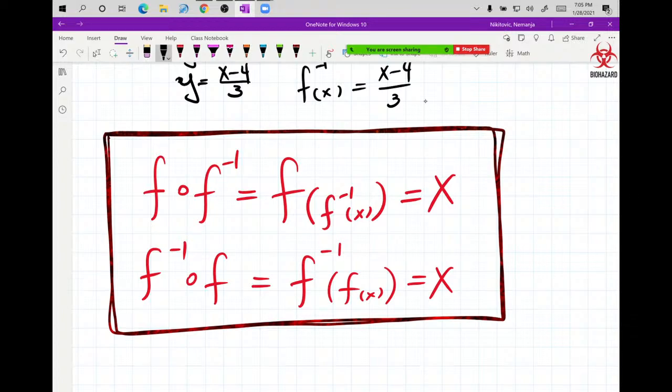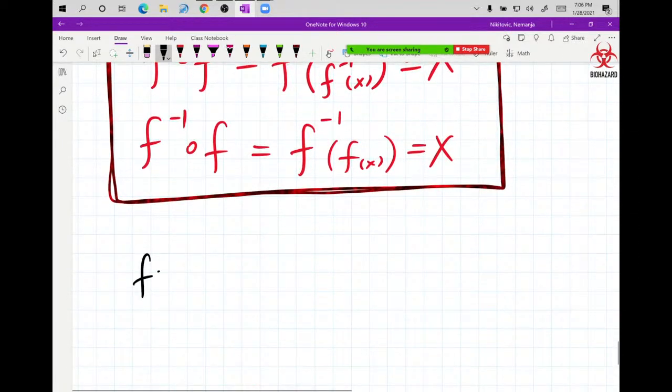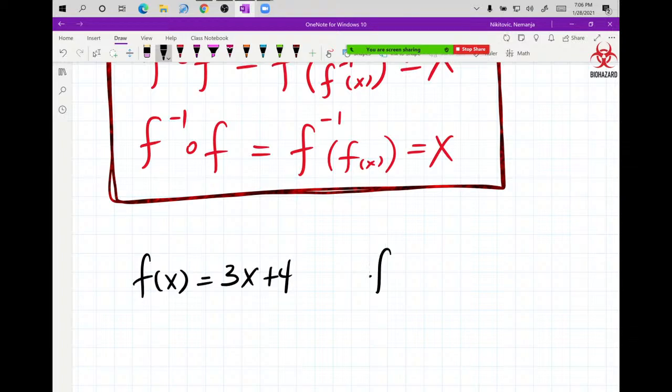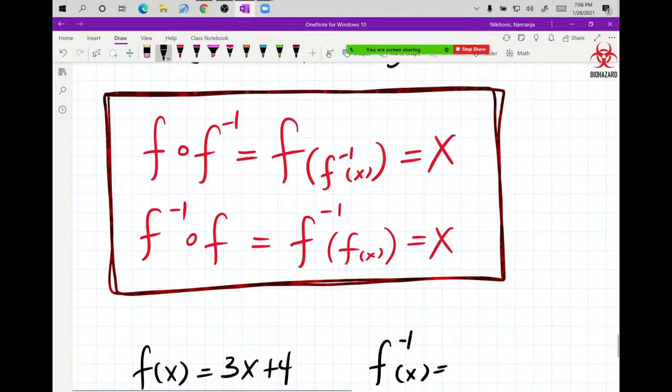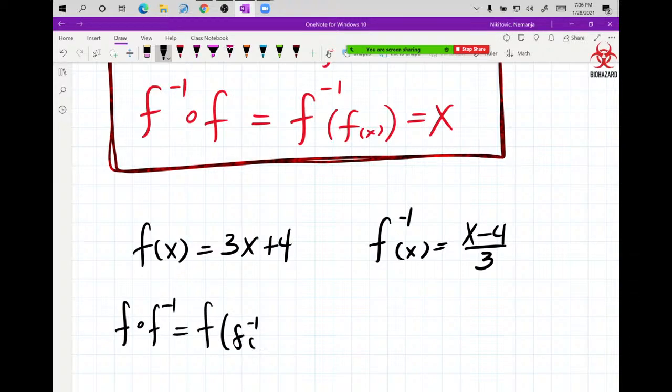Well, we can test that immediately with these two functions. My f of x was 3x plus 4, and my inverse was x minus 4 over 3. Let's find the function composition, meaning f plug in inverse. Here is my f.